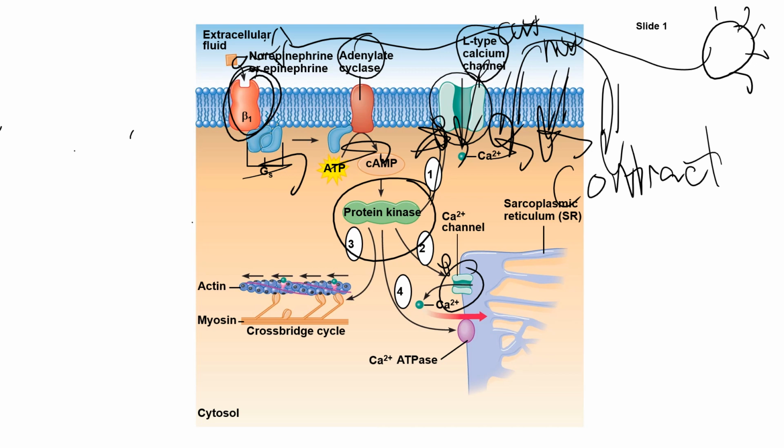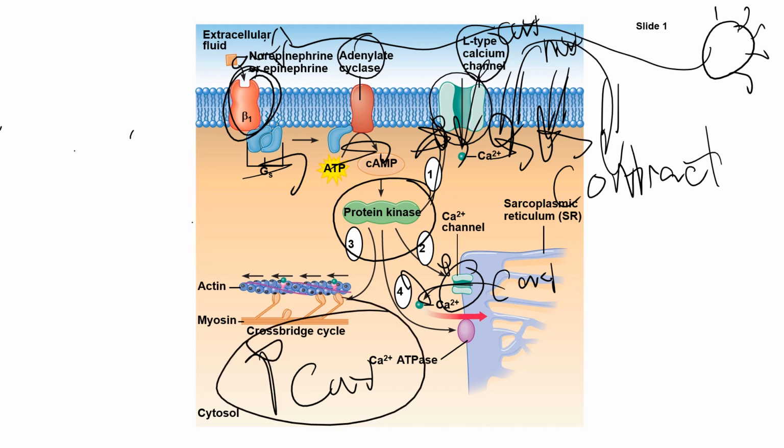So more calcium through calcium-induced calcium release is able to leave the SR. Cumulatively, what's going to happen? The calcium levels within this ventricular contractile fiber are going to be significantly higher than they normally would be.